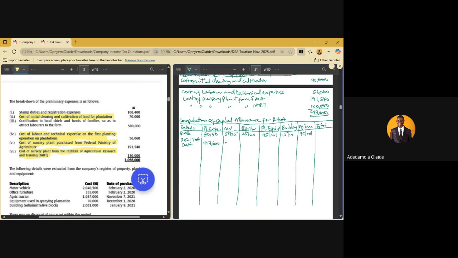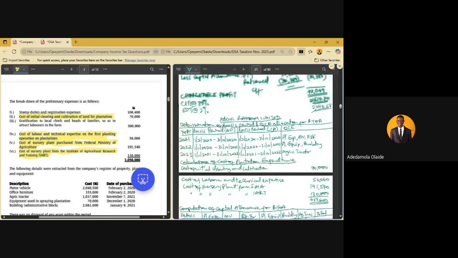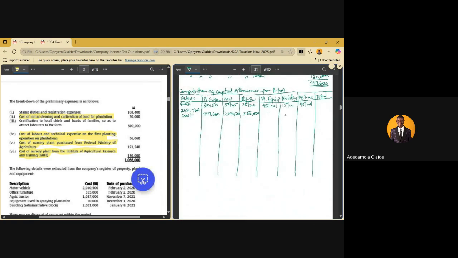Motor vehicle 2,040,500. Office furniture 355,000. So I think that is all we have. Others fall into the following year, so we'll make it nil.